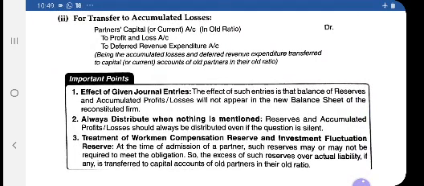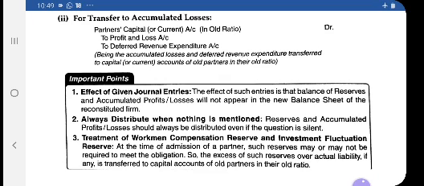The balance of reserves and accumulated profits or losses will not appear in the new balance sheet of the reconstituted firm, because it is already distributed among the old partners, and it is added to their capital, not kept in a separate reserves or profit and loss account.